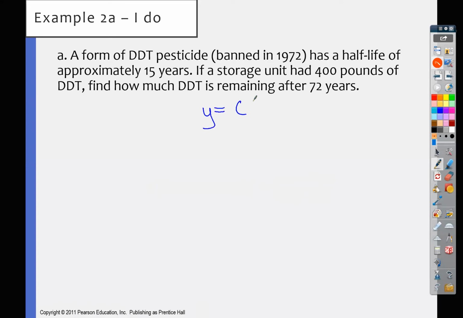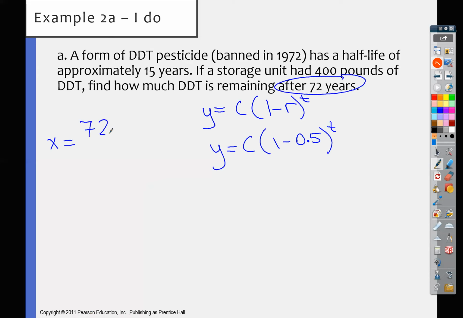So y equals c times (1 minus r) to the x, or to the t if you prefer. So y equals c times (1 minus 0.5), because that's the half-life. To get x, we take the years elapsed, 72 years, and divide that by the half-life, approximately 15 years, and you get 4.8.